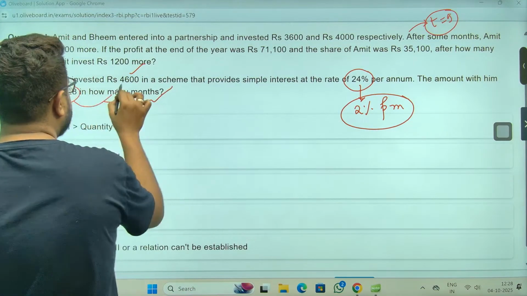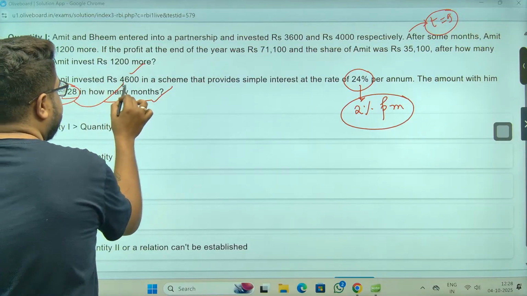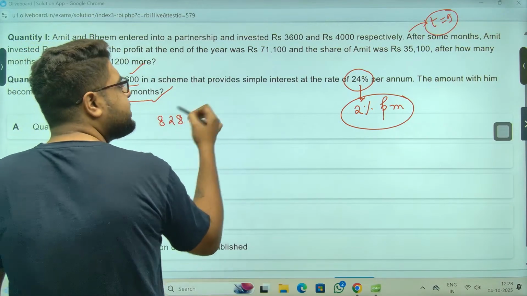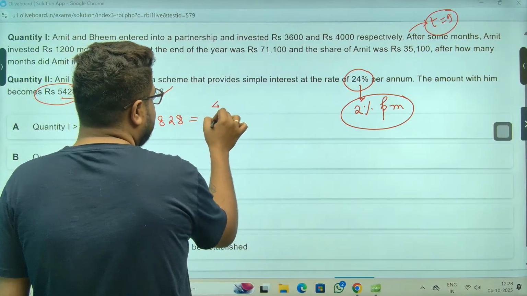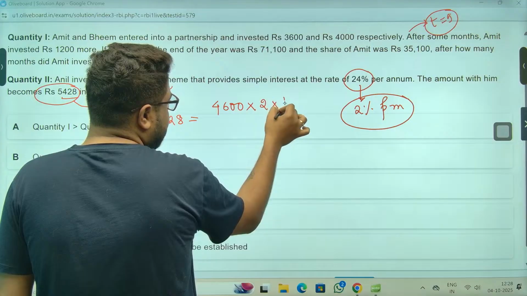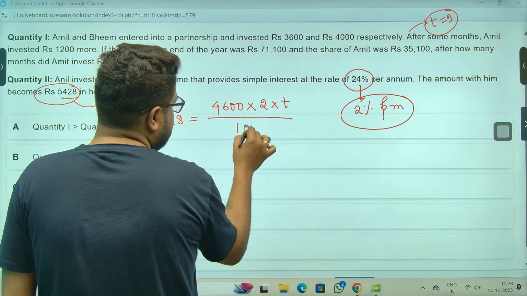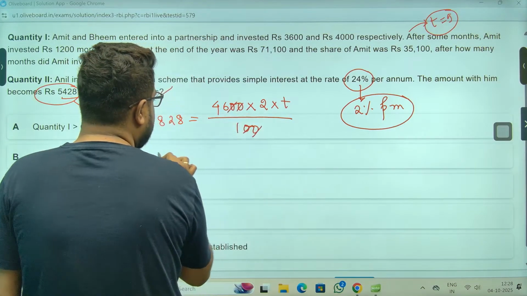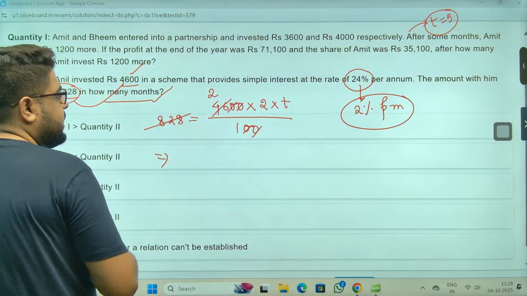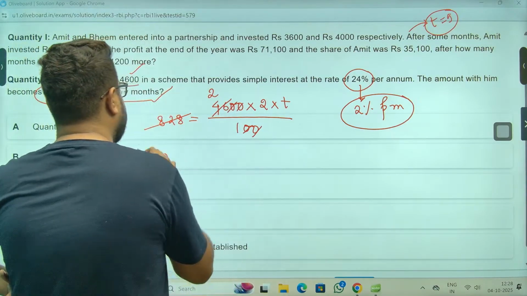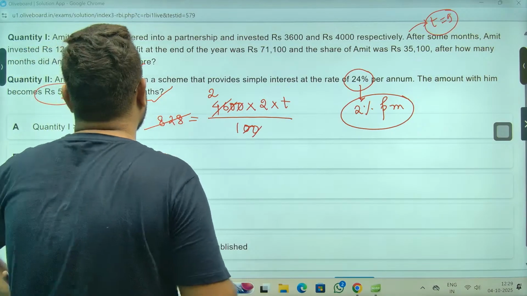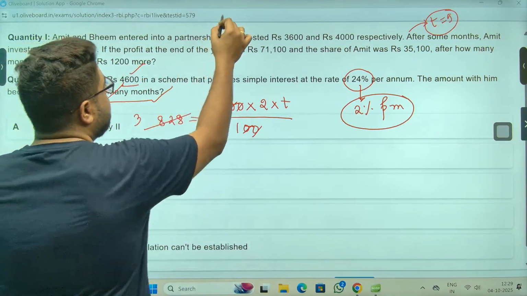Sir, interest is how much, sir? 428 here, 400 here, 828 is equal to, sir, apply the formula: 4600 into 2% into t months by 100, sir. Calculate, sir. 23 twos, 23 threes are 69, 70, 12, 13.